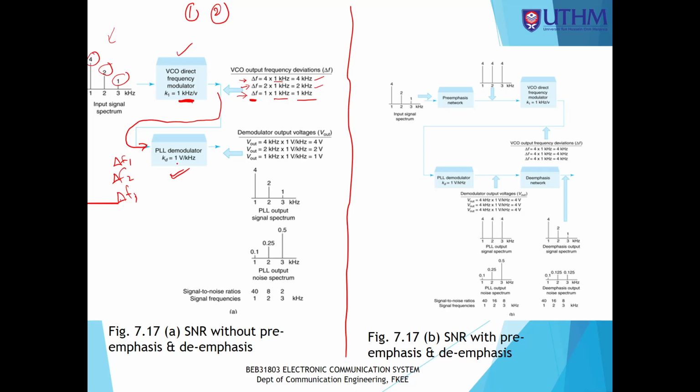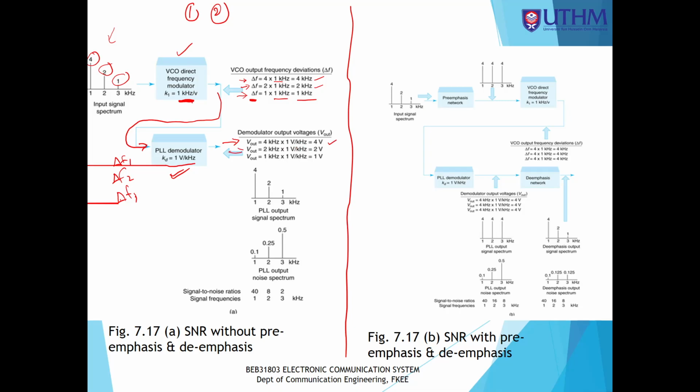So V out is equal to delta F multiplied by KD. If you want to get voltage, we need to multiply the frequencies by KD. So V out 1 is delta F1 multiplied with KD: 4 kilohertz of delta F1 multiplied with 1 volt per kilohertz, so we get 4 volt.